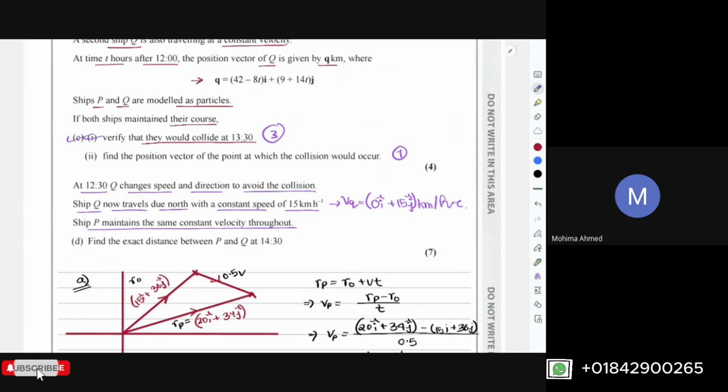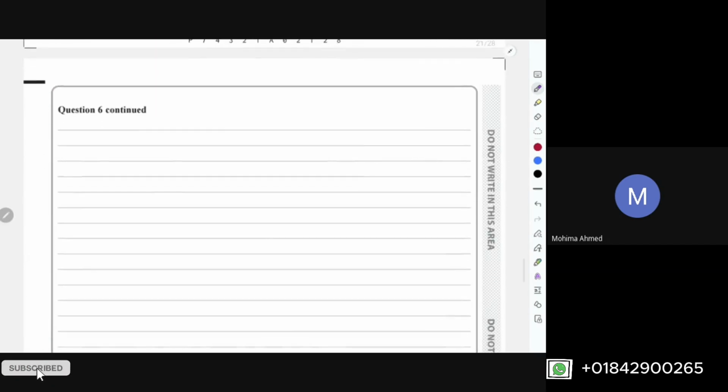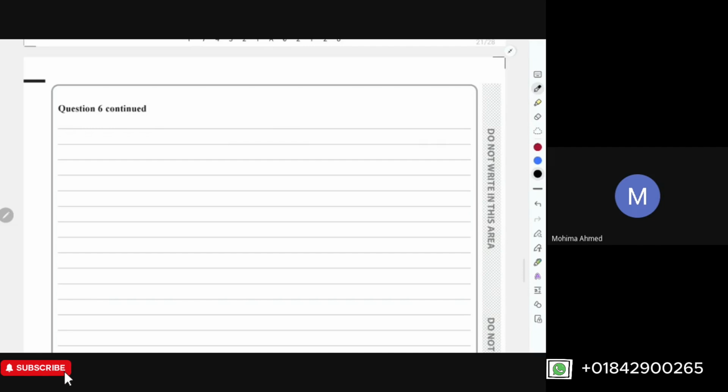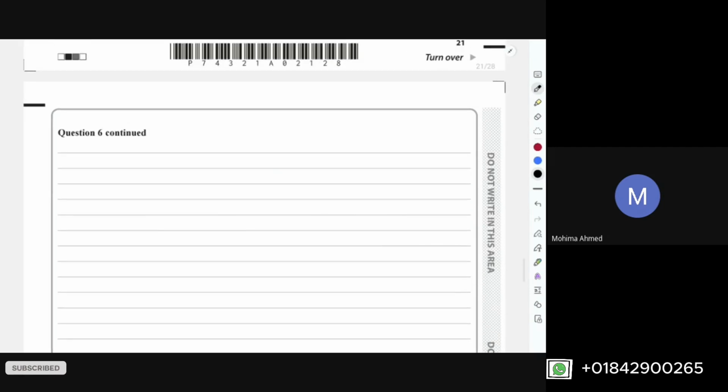Oh, this is not starting from exactly 12, right? This is how it started actually. Q for the initial 30 minutes would travel with that same expression, 42 minus 8t i plus 9 plus 14t j. But now after 12:30, Q will change its direction. So within that 30 minutes, Q would have obviously traveled some distance, right?